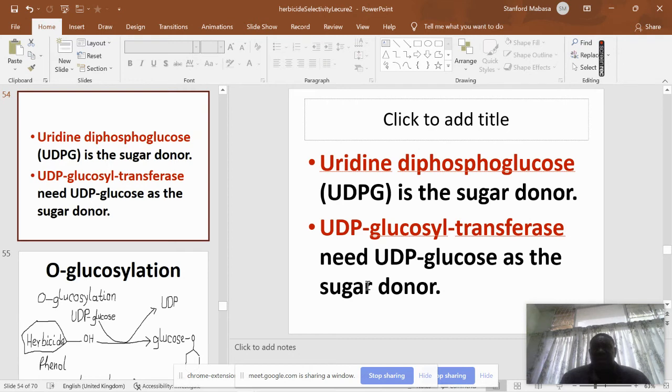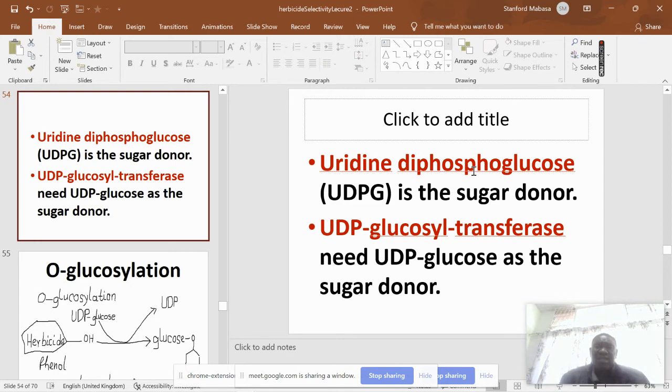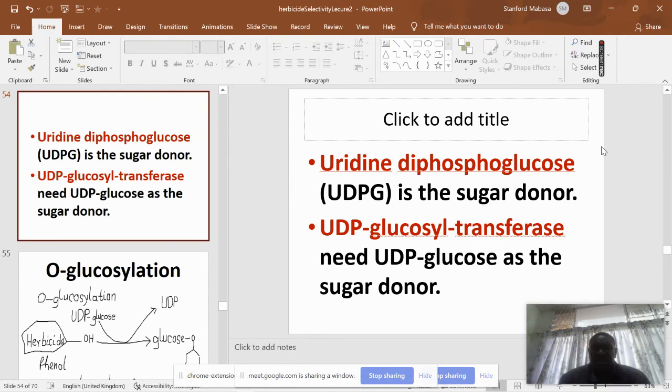Now, where do we get our sugar from? It comes from what is known as uridine diphosphoglucose or UDPG. It gives up the sugar and it's the sugar donor. And we also have an enzyme which facilitates reactions, which is known as UDP glucosyltransferase.